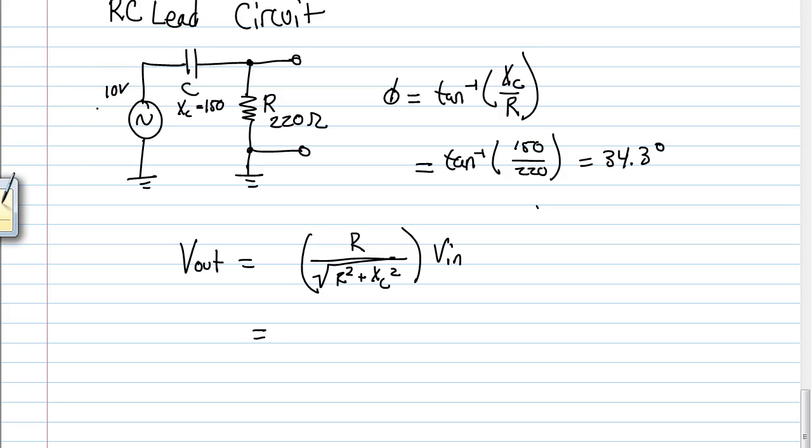We can figure out what the output voltage is by using a resistor value, 220, dividing it by the impedance formula, which is 220 squared plus 150 squared. Take the square root of that. That gives you the part there in parentheses, and then you just multiply that by 10. Let's see if I can do that.